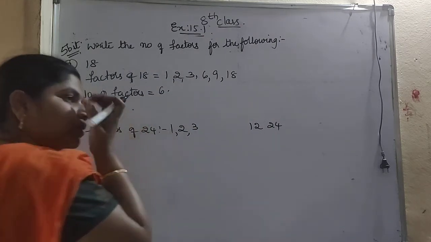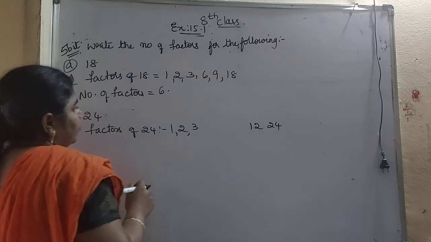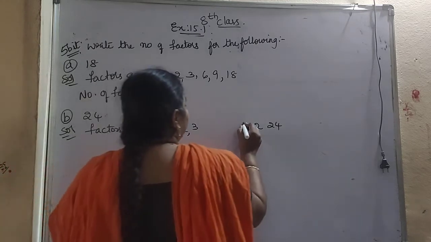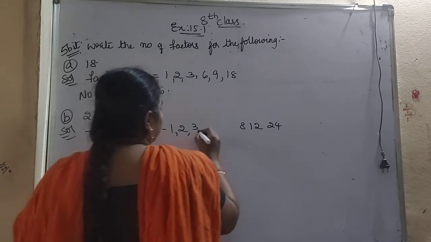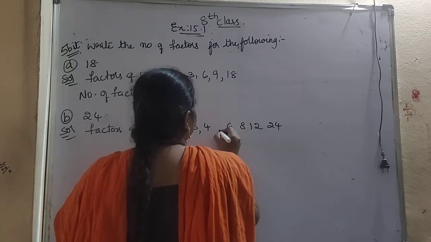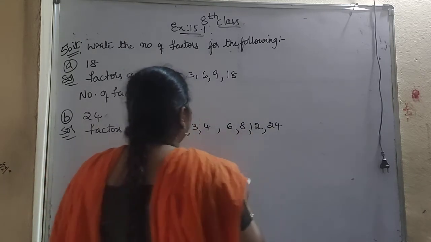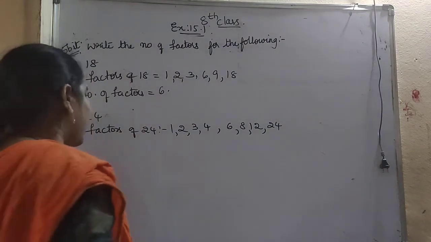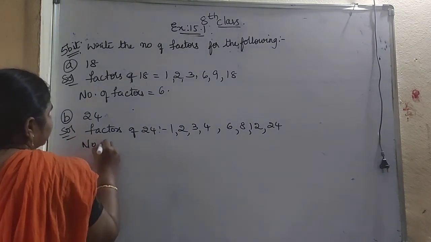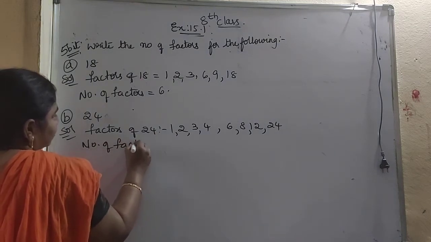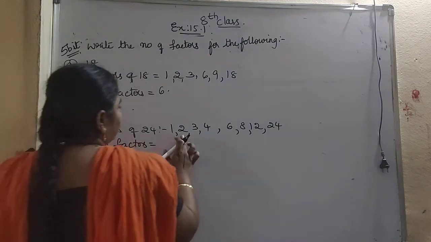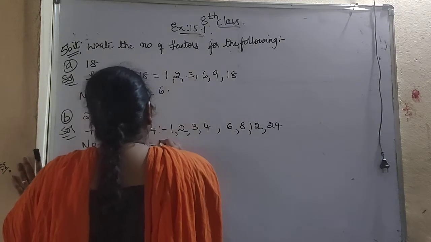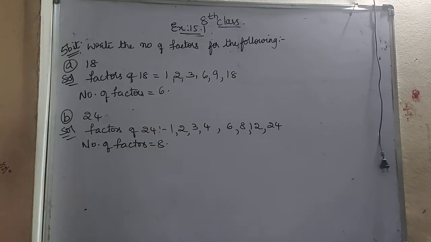In 3 table it will not go. 3, 8 times is 24. Next 4, 6 times is 24. So the factors are 1, 2, 3, 4, 6, 8, 12 and 24. So number of factors is 1, 2, 3, 4, 5, 6, 7, 8. So total number of factors are 8.